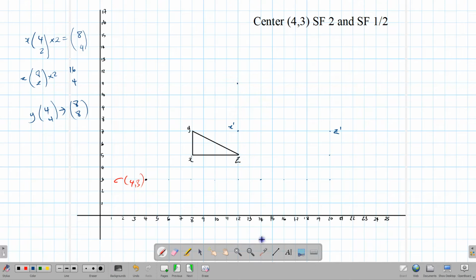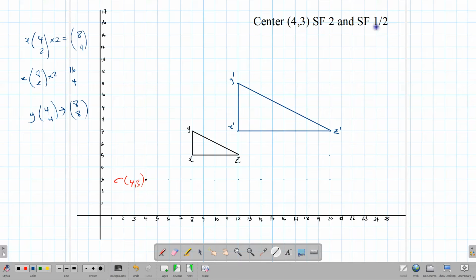And so this becomes y prime, the image of our triangle. And so we can draw in our triangle and see what it looks like. There it is. So this is the image of x, y, z, x prime, y prime, z prime under an enlargement with scale factor 2, center (4, 3).